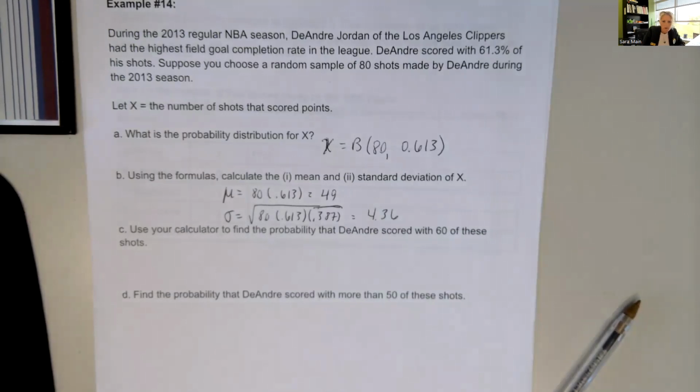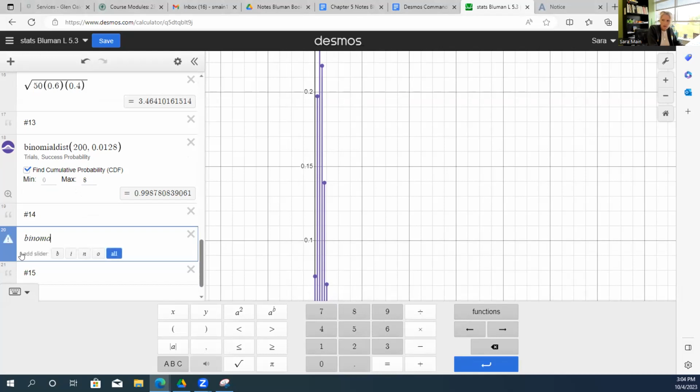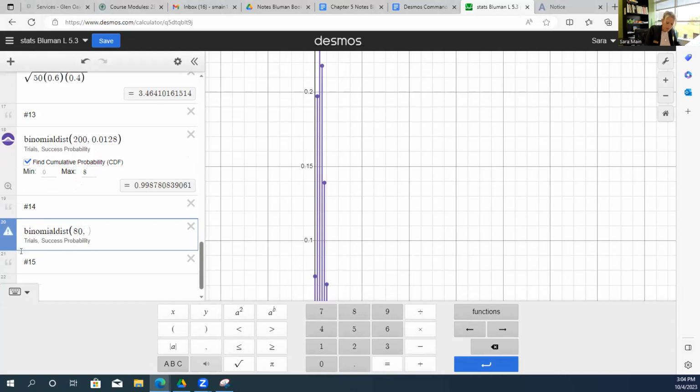Okay, share my screen here. So for number 14, we're going to use the binomial distribution, with the probability of success at 0.613. And we want to know if he scored 60.